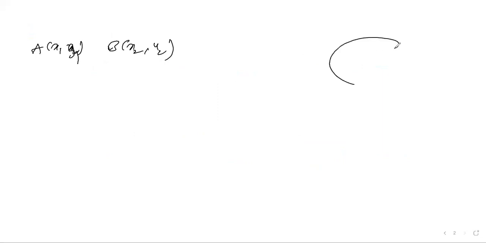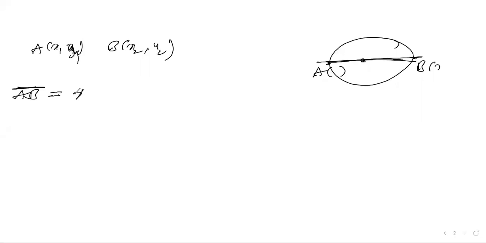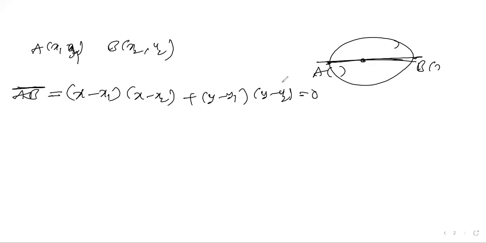These are the two endpoints of the diameter of the circle. We have a formula for the endpoints of a diameter. What is the formula? x minus x1 into x minus x2 plus y minus y1 into y minus y2 is equal to 0. This is the general formula for the equation of the circle with AB as a diameter.